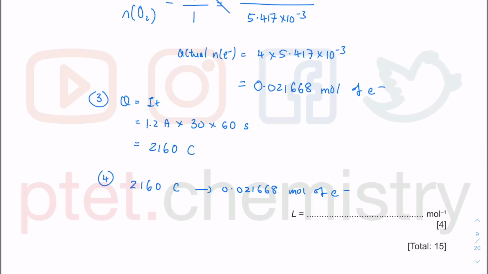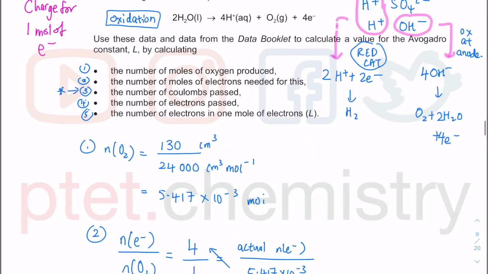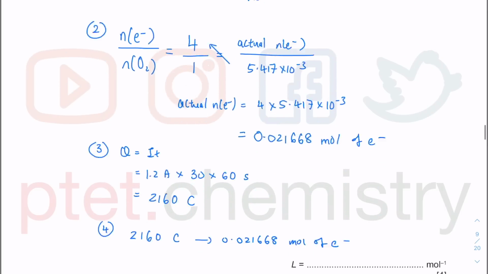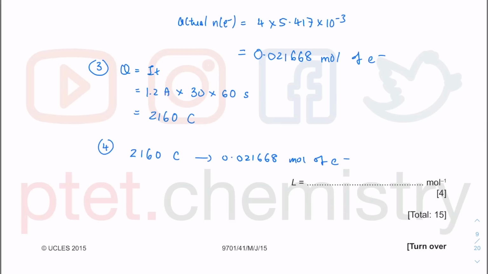What are we trying to find actually? We want to find the number of electrons that are passed. We know that the charge of one electron stated in the data booklet is 1.60 times 10 to the minus 19 coulomb.